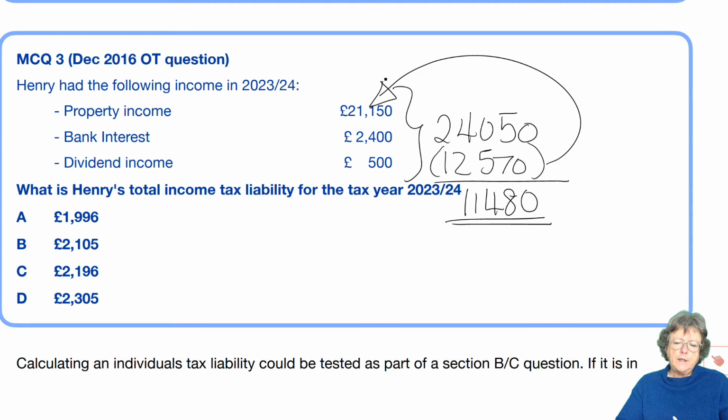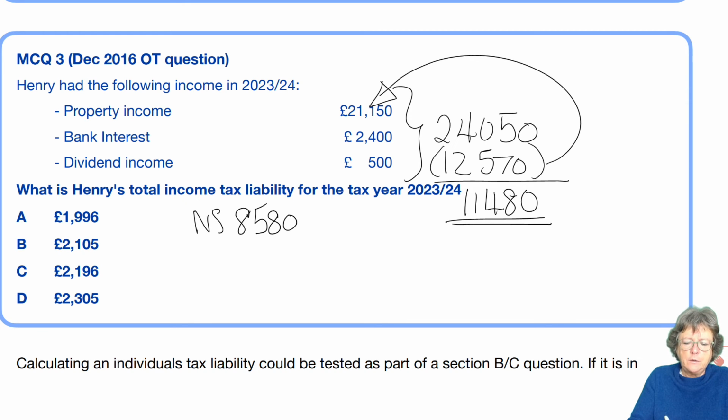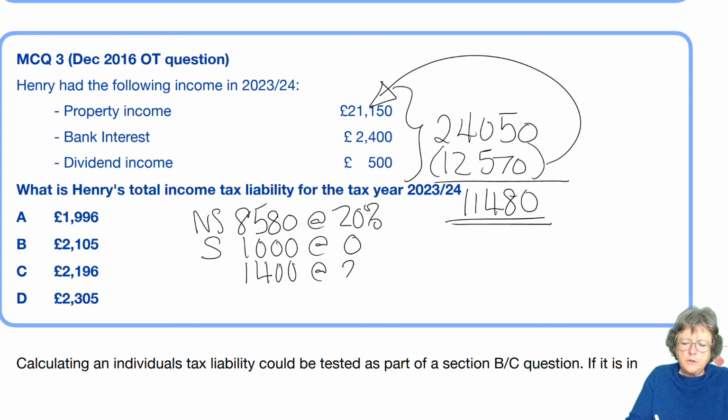And you will see in the model answer that we end up with 8,580, which is the non-savings income at 20%. Now the savings income, the first 1,000 is at 0%, and then the balance of the 2,400 is also at 20%, and the dividend of 500 is at 0%.